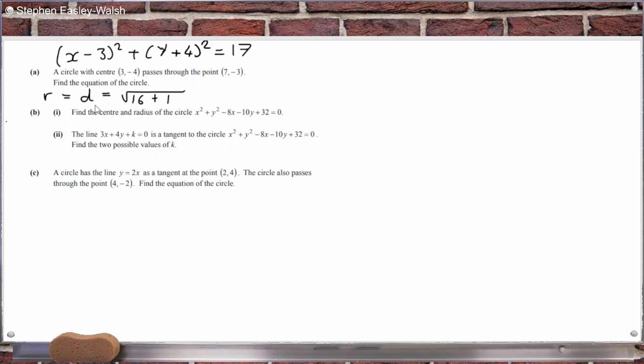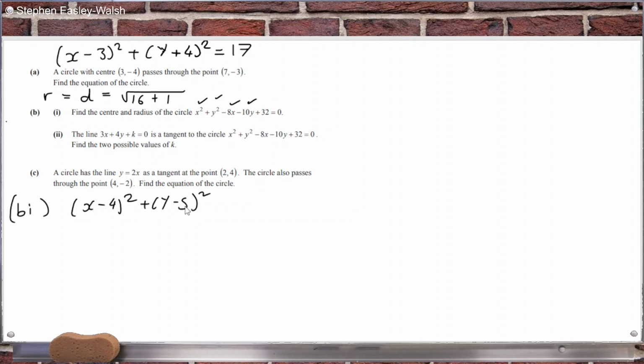Okay, so that's A done. Let's have a look now at B part 1. So the way I like to do this is by completing the square. So that's x minus 4 squared. That gives me that and that. Plus y minus 5 squared. That gives me that and that.